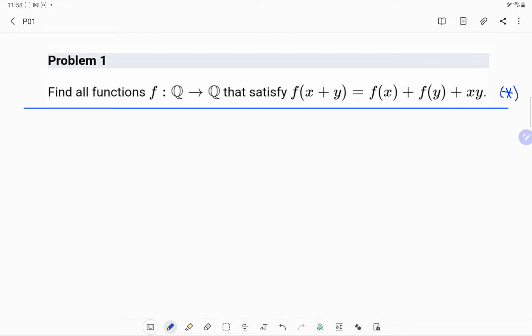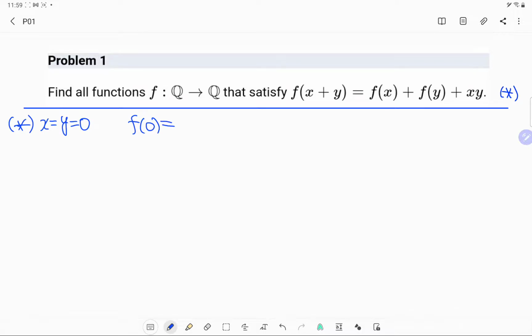So the first step we can do is to substitute from the original equation. We can substitute x equals y equals 0. So for the left hand side it is f of 0 plus 0, which is f of 0.